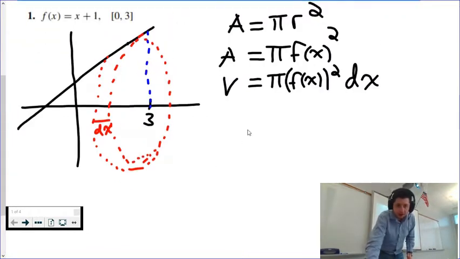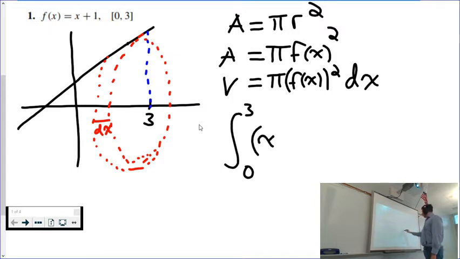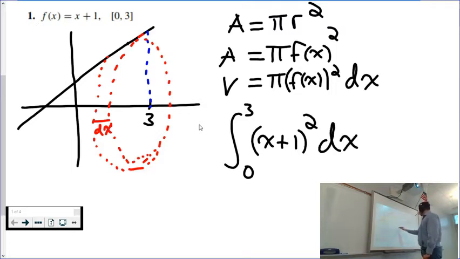Let's look at how this plays out. We have this integral from 0 to 3 of f of x squared. In this case, f of x is a line. And so we have pi out front.